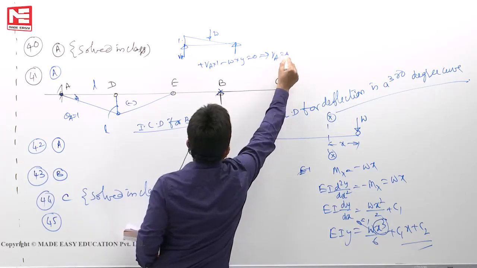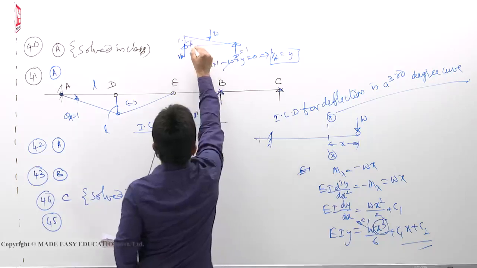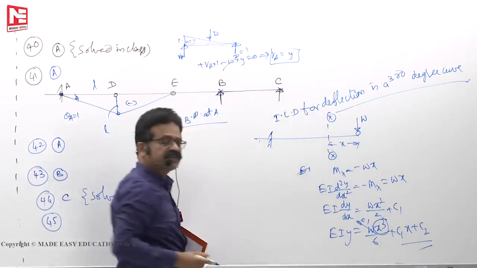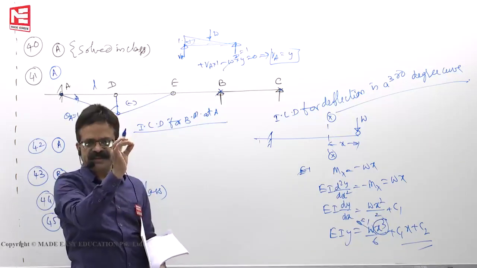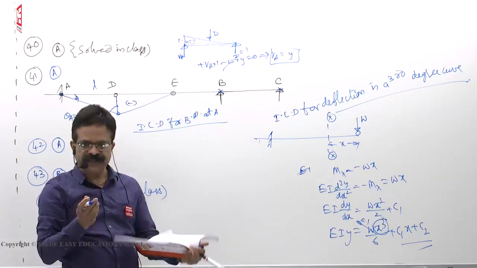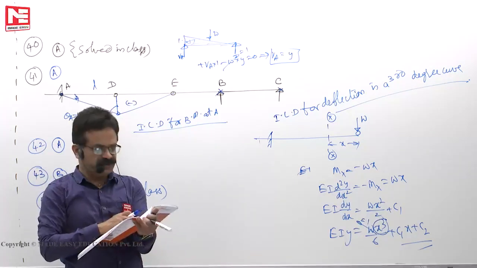From this VA you will get, if W becomes 1, VA becomes Y. So this is how the influence line diagrams are drawn for statically determinate beams. Remove the support, give a virtual displacement, then apply principle of virtual work. So they can be drawn using the principle of virtual work.